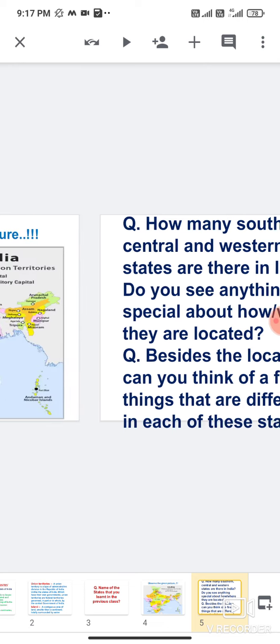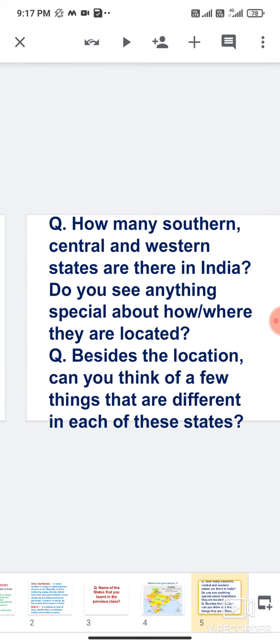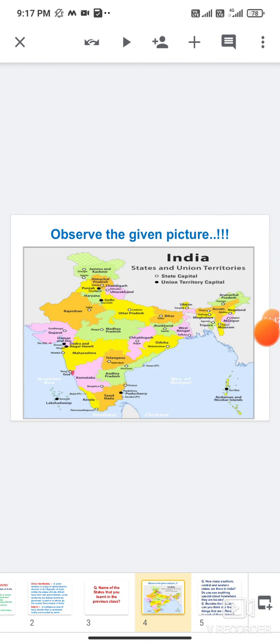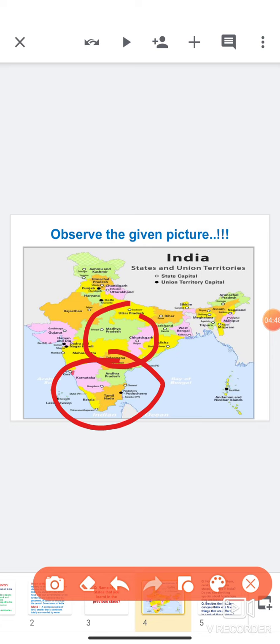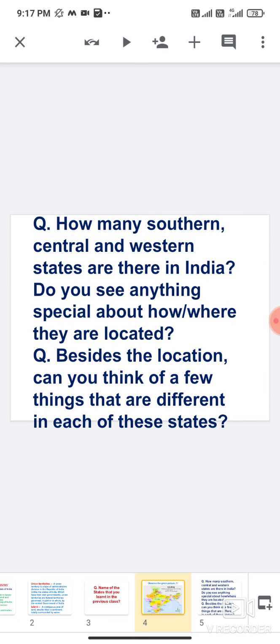When you talk about southern, central, and western, southern is referring to this portion, central is referring to this portion, and western is referring to this portion. So the question here is, how many southern, central, and western states are there in India?